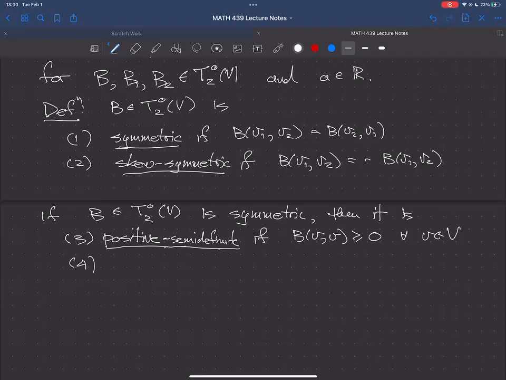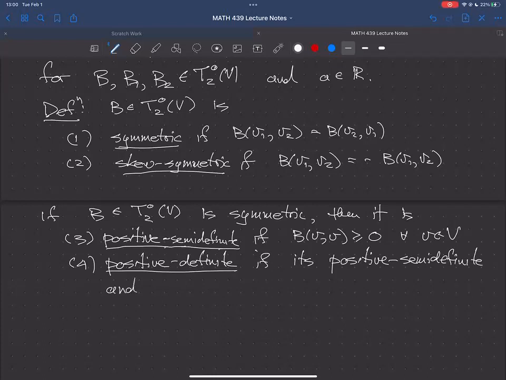And B is positive definite if it's positive semi-definite, and if B(V, V) equal to 0 implies that V must be equal to 0.